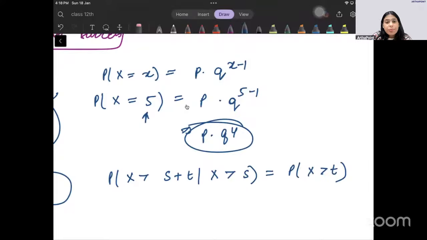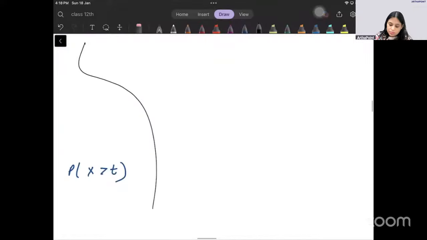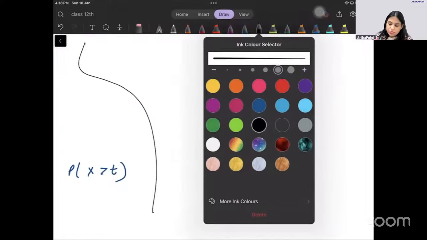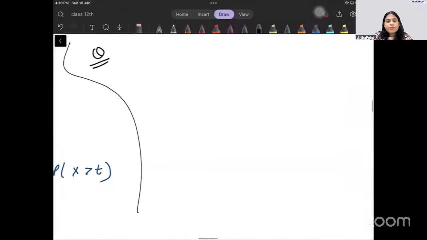All these distributions are very simple. You just have to do one or two questions based on them, and believe me, you will be able to score 100% in probability. So I'll give you a question. Let's say you are given a coin, and the probability of head is 0.3.